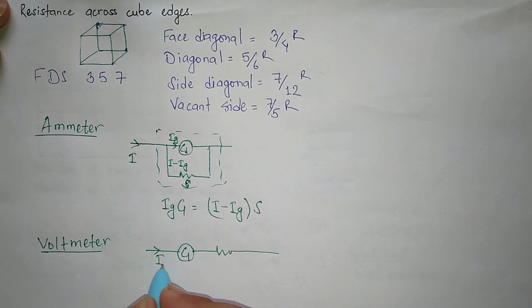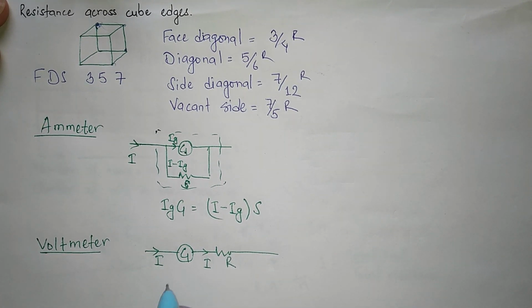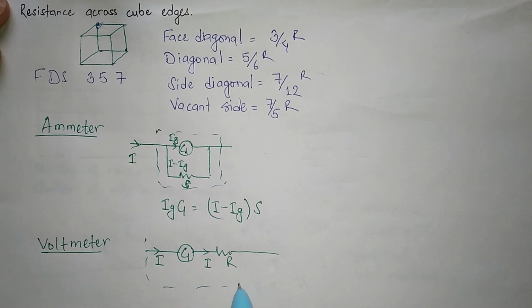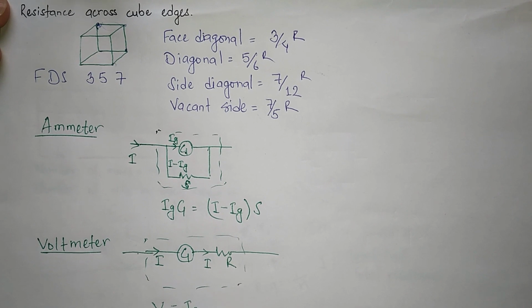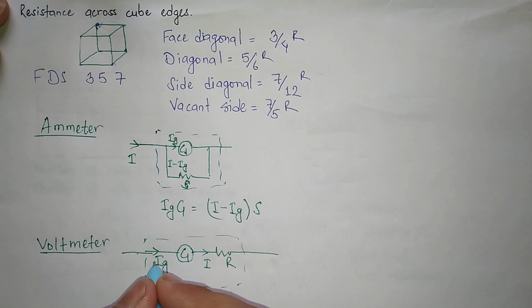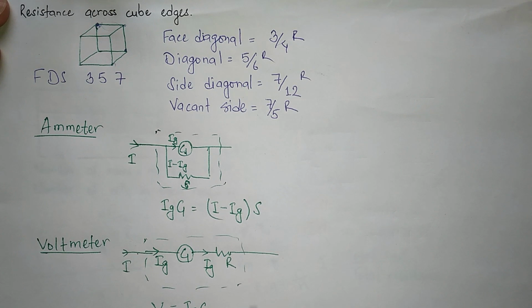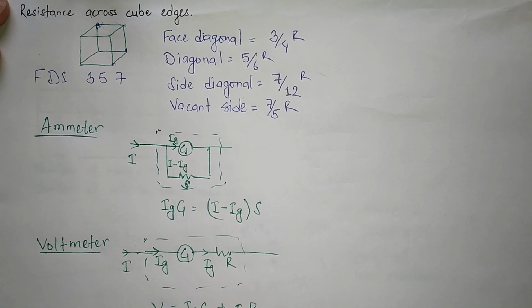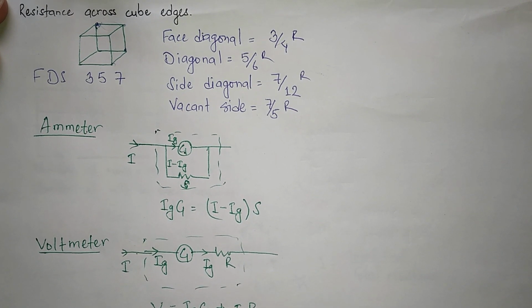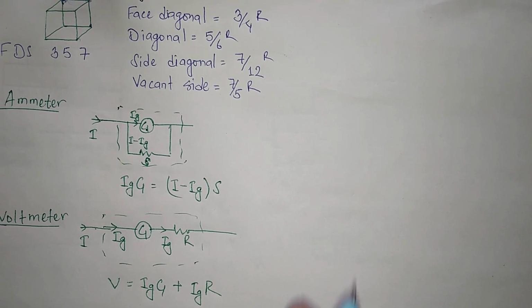Suppose current Ig is passing through the galvanometer, then the same current will pass through the resistance R. So in this case, the total voltage of the voltmeter is V equals IgG plus IgR, because the current passing through the galvanometer is Ig, so this will also be Ig when current enters the voltmeter. This is the required expression for the voltmeter.